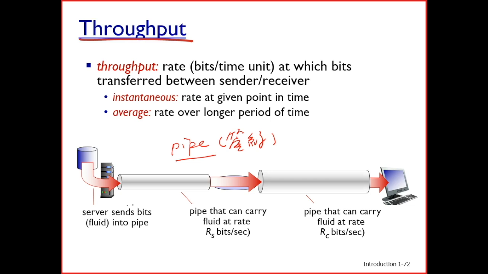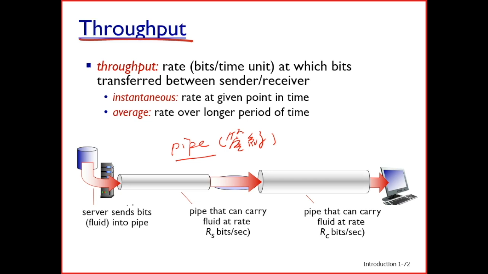I think we have the pipe, and the capacity follows the rate at which bits transfer. So here we have the current throughput using this. But going through this one, it is the same, even if you have even larger capacity.